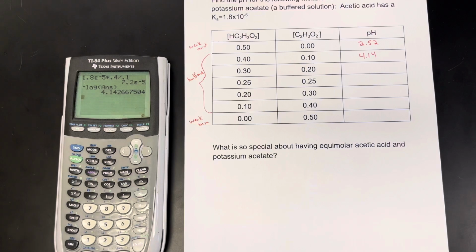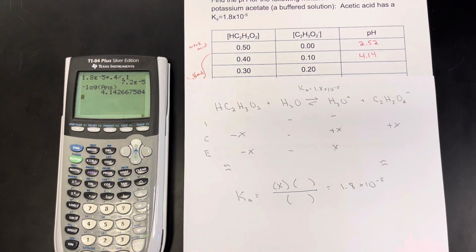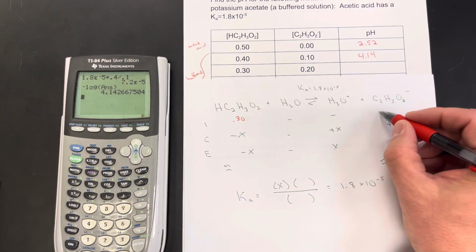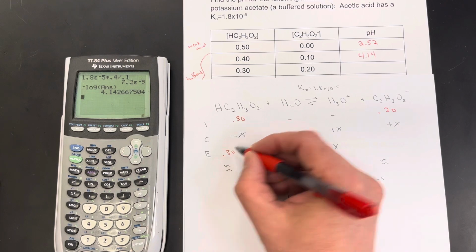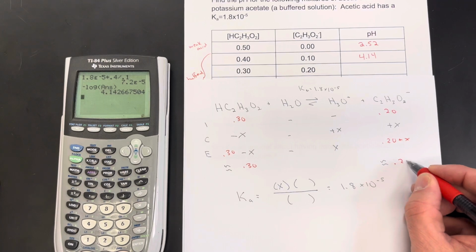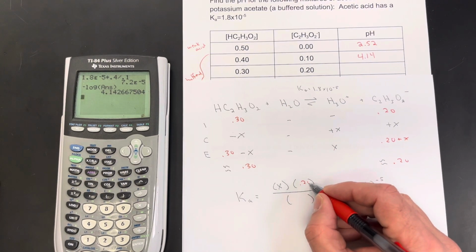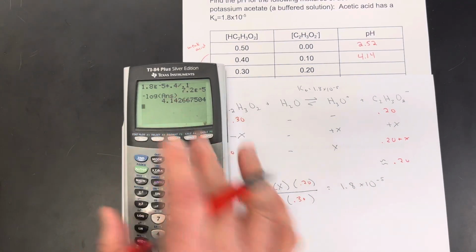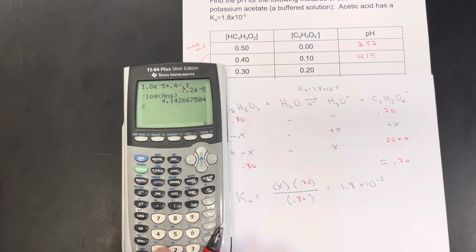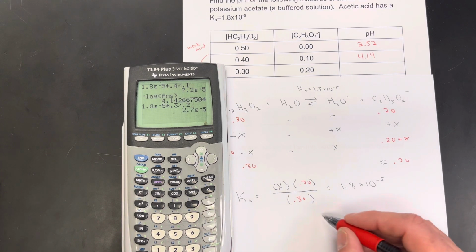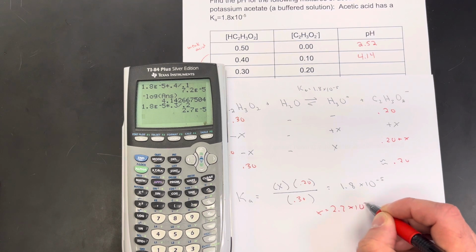And this process just keeps repeating itself. I'm going to do two more just so that you get a handle on this. So this is going to be 0.3, and this is going to be 0.2, and it's products over the reactants, and then it's plug and chug. 1.8 times 0.3 divided by 0.2 gives me an x of 2.7 times 10 to the negative 5.